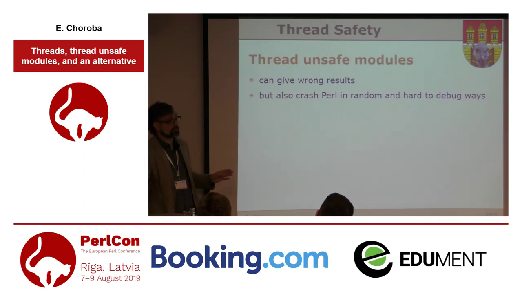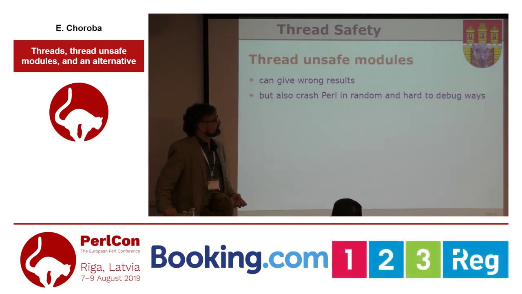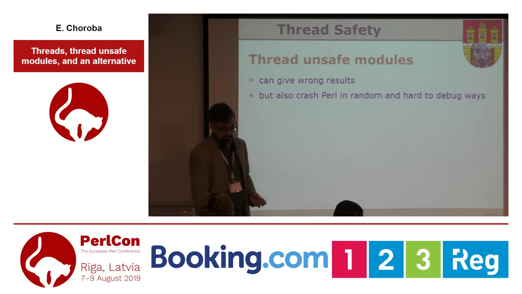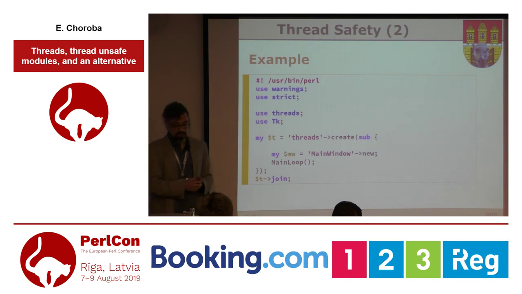But sometimes one thread saves something and wants to retrieve it back, and if you override it from another thread in the meantime, it can crash your program. You can get wrong results, and it's very hard to debug. So you must be very careful when using threads and any external modules that don't say that they are thread safe.